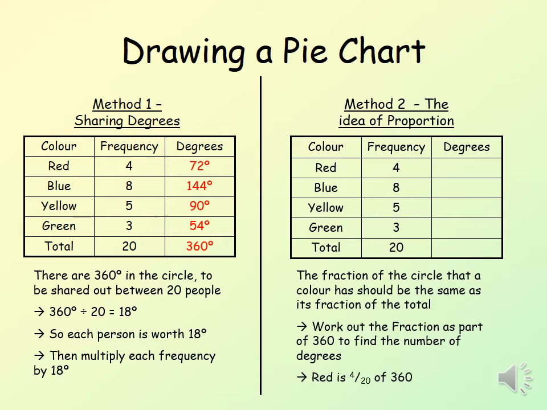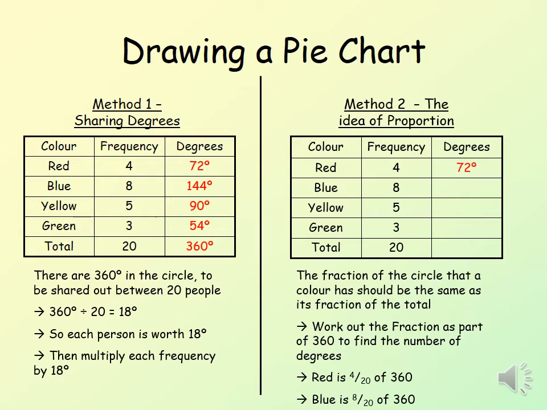The total number of people asked was 20, and we know that red was favored by 4, so we just write that as a fraction: 4 over 20 multiplied by 360. And similarly with the others.